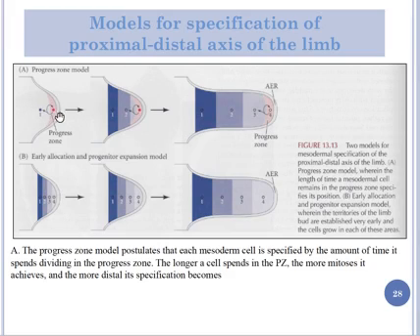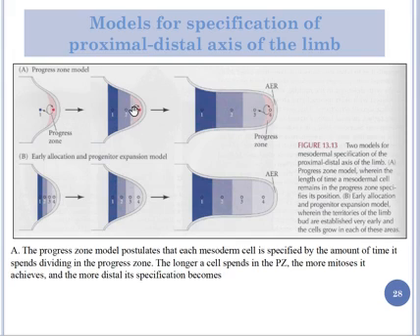In the progress zone model, you remember that here we have the AER, which is the distal part of the ectoderm in a limb bud, and just under the AER you see this pink zone. It's the progress zone, a zone of high mitotic activity. So in this zone usually cells will proliferate. The red spot is a cell under proliferation in this progress zone.